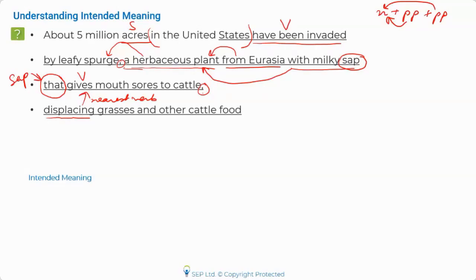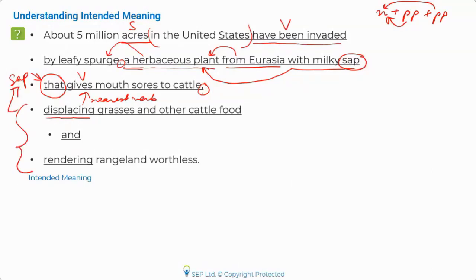Yes, Anish, absolutely. So here we have a problem. There is a lack of logic between the modifier and the modified entity. Yes, Ekra, Carla, Sandeep, absolutely. So the invasion is done by the leafy spurge, and therefore it is the leafy spurge which is taking the place of the grasses. Okay. Further down we have and rendering rangeland worthless. So it seems displacing and rendering are both going with sap gives mouth sores.